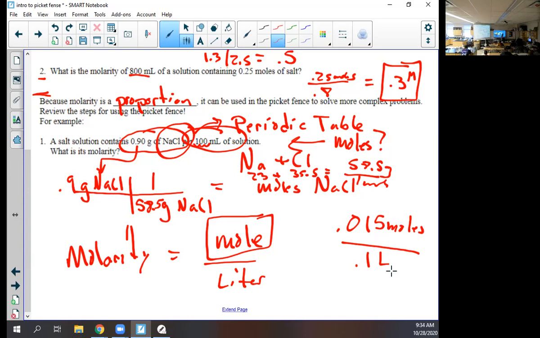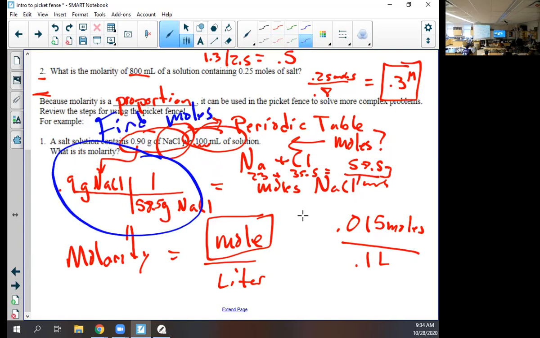Now, I don't expect this to have been rock solid yet, but hopefully in a few more examples, we're pretty solid on it. Okay, so I did it in 2 steps. The first thing I did is I found the moles. Yeah, it's 0.15 is the answer.